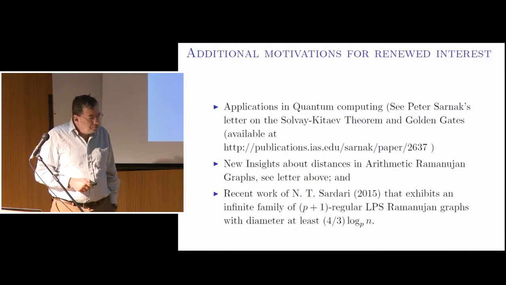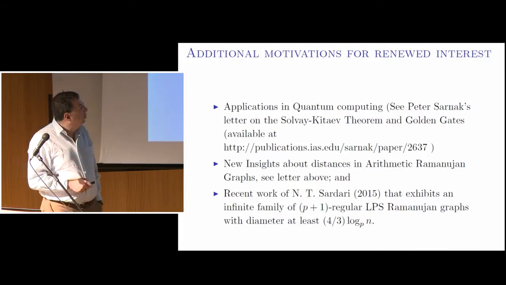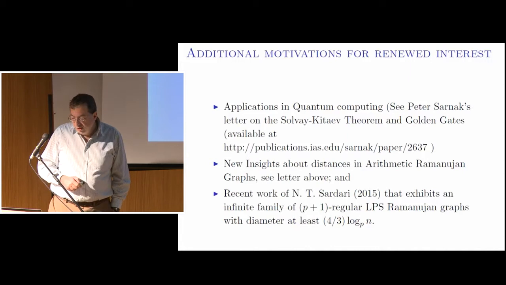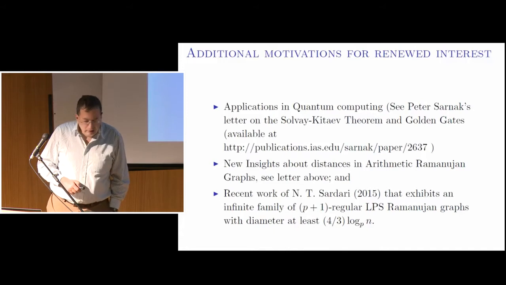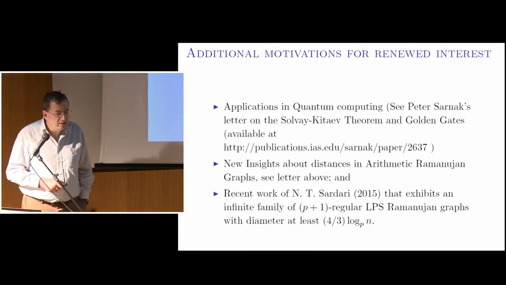In particular, there's recent work of his student Sardari that exhibits some p+1 regular Ramanujan graphs that have diameter at least 4/3 log base p of n. So p here is d minus 1.